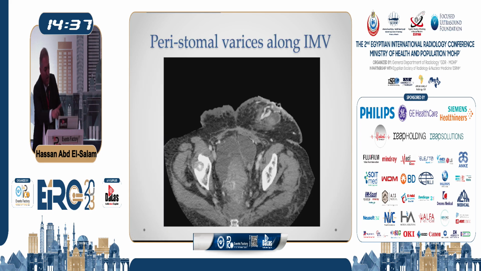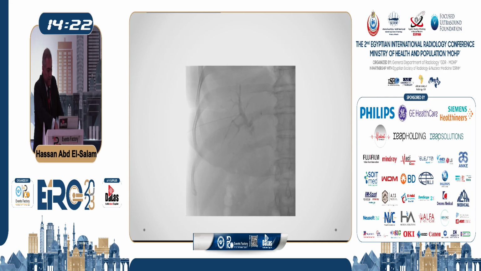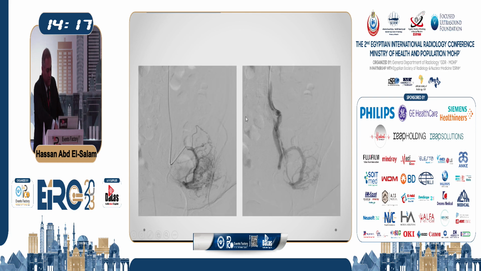Another case with a left-sided stoma, and again you can see the peristomal subcutaneous varices, now on the left side. On the left side, this means that we'll have to go through the inferior mesenteric vein rather than the superior mesenteric vein. So again, percutaneously through the liver into the portal vein, and then cannulate until we reach the inferior mesenteric vein, with a microcatheter.